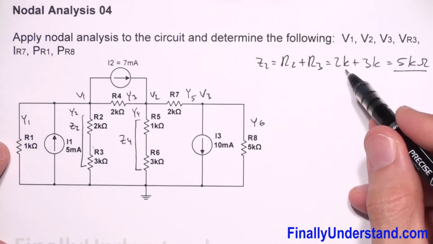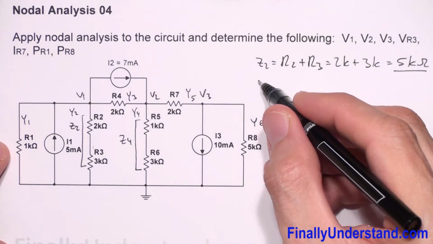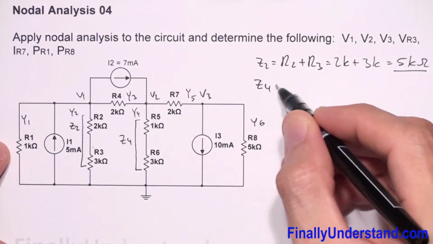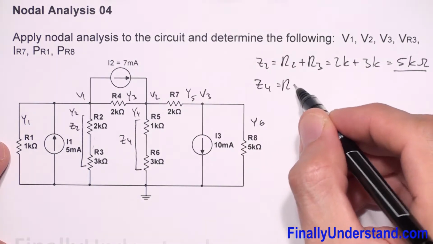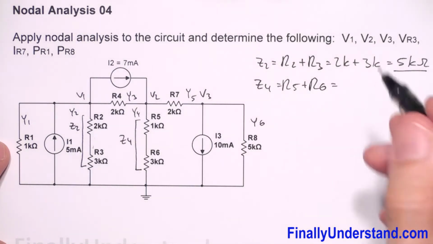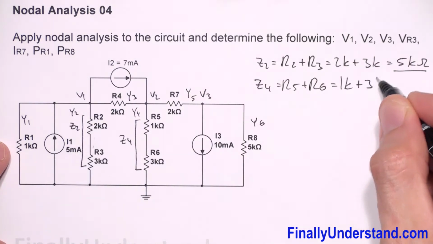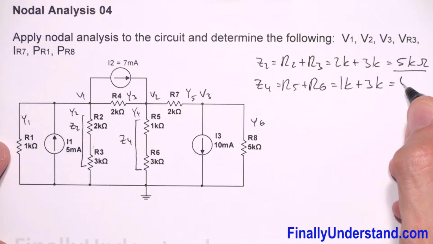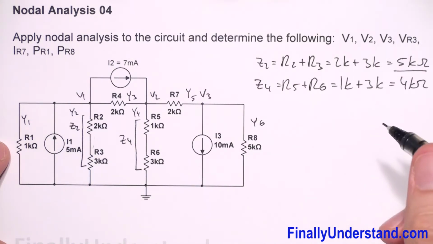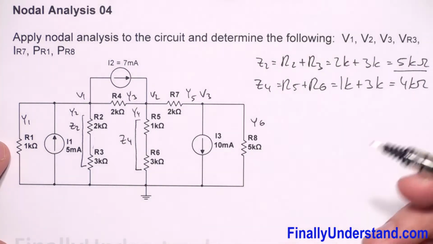After that, you're supposed to plug in the numbers and write the answer. Next, we're supposed to write formula for Z4. Z4 is equal R5 plus R6, and this is equal 1 kilo plus 3 kilo, and this is equal 4 kilo ohms. Okay, so now we can start finding our admittances.